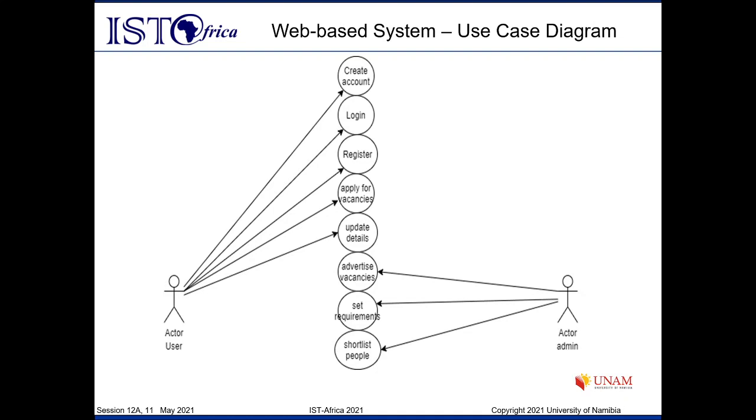The goal is to log into the system, and the description is that the user should be able to sign in using given credentials. To register, actors are users. The goal is to register user personal information, and the description is that the user should be able to register their personal information such as names, education, and work experience, etc.